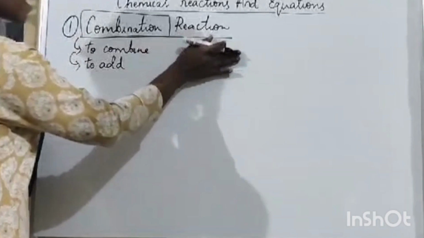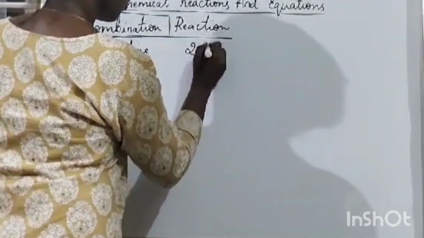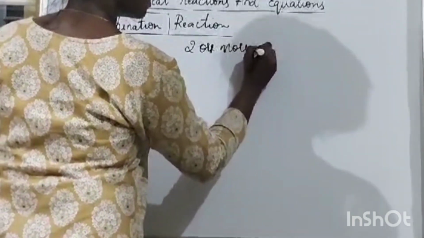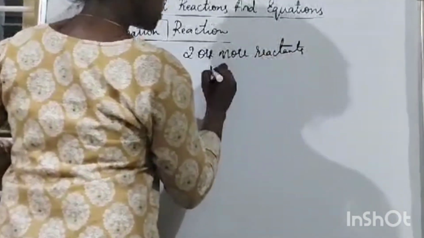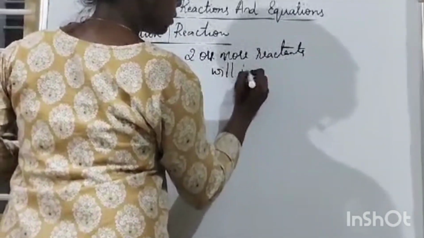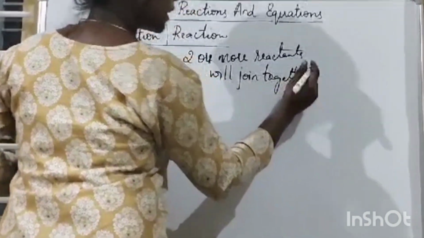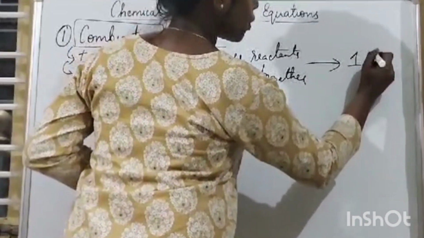So here what happens in this reaction is two or more reactants will join together or will get added to give one single product.